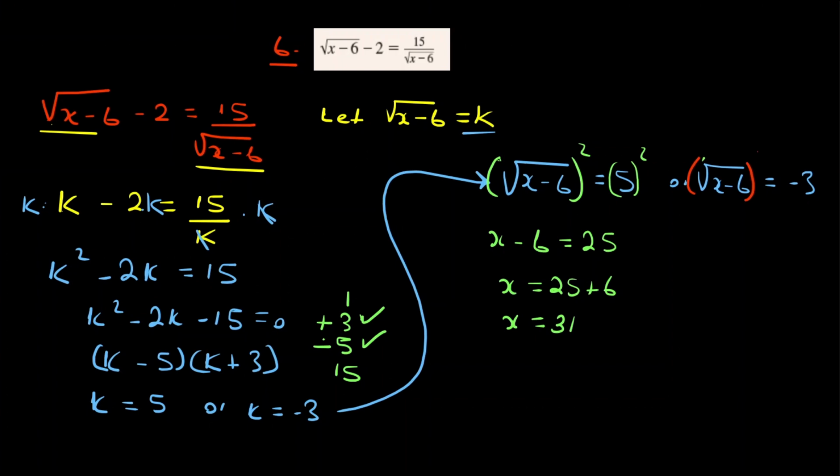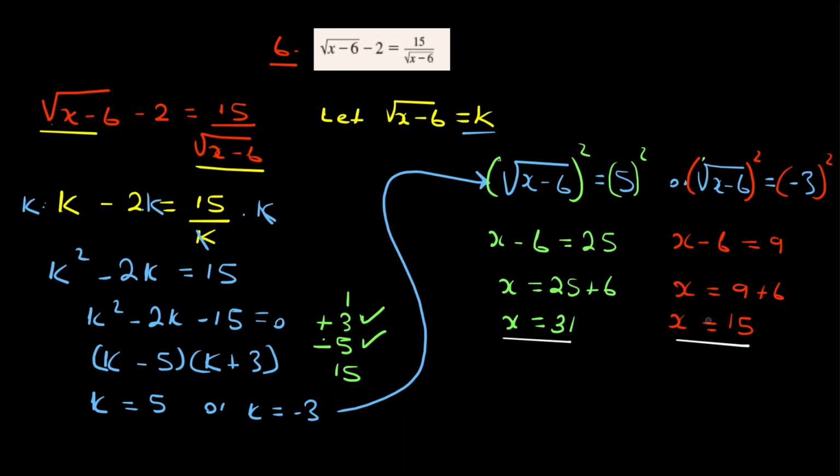Square the left and the right, and we'll have x minus 6 is equal to 9. Then we have x is equal to 9 plus 6, x is equal to 15. And really those will be our two solutions. x is equal to 31 and x is equal to 15.